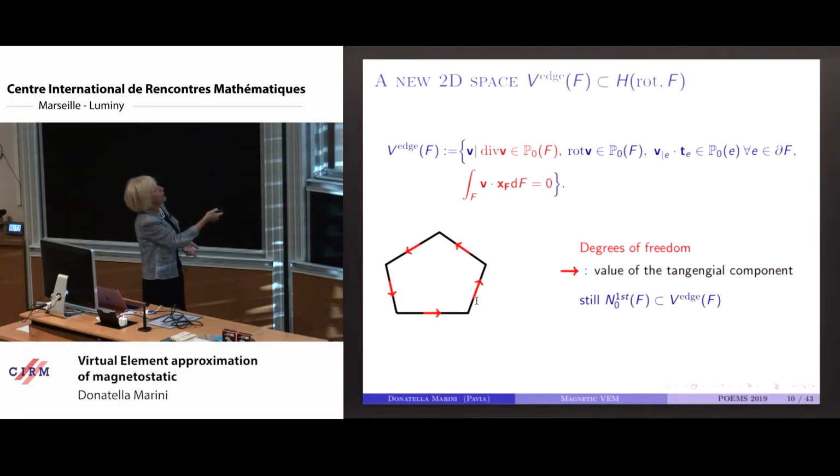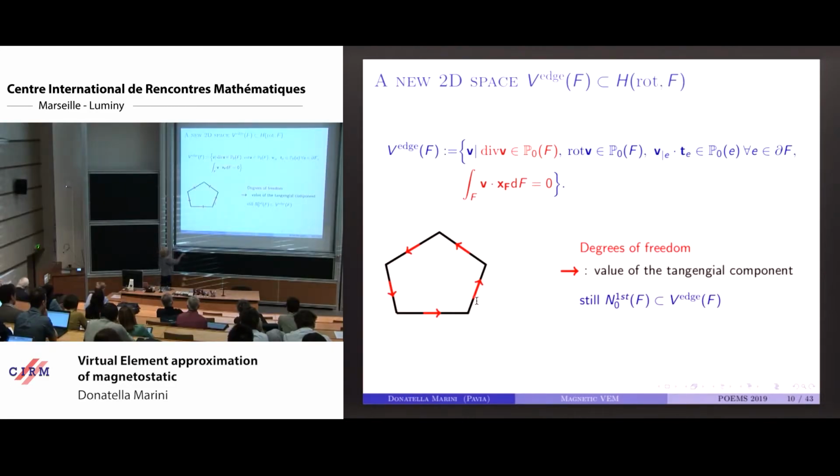The degrees of freedom are the same, and Nedelec first kind is included. And I stress that if the polygon becomes a triangle, this is the space of Nedelec lowest order, Nedelec first kind coincide.